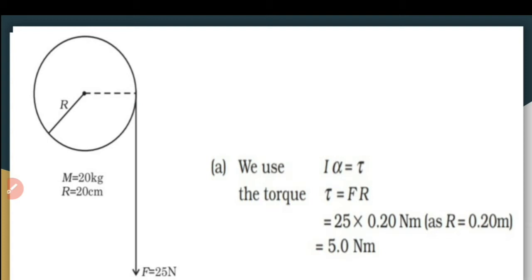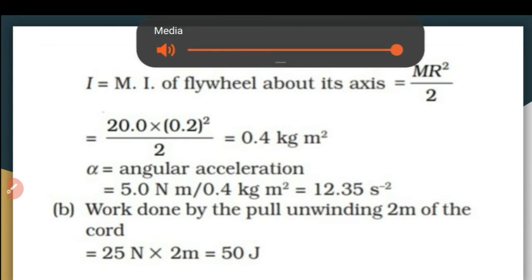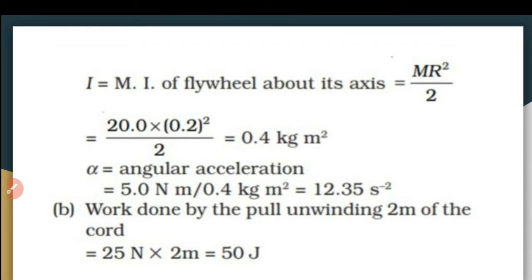Now we can find the torque using another expression: tau equals I alpha, where I is the moment of inertia and alpha is the angular acceleration. We already have the value of torque, so equating it to I alpha, we can find alpha. Before that, we need to find I, the moment of inertia of the flywheel about its axis.